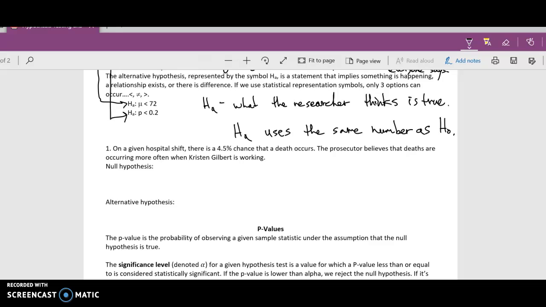I'll show you how this works a little bit. On a given hospital shift, there's a 4.5% chance that a death occurs. The prosecutor believes that deaths are occurring more often when Kristen Gilbert is working. So what's the null hypothesis?